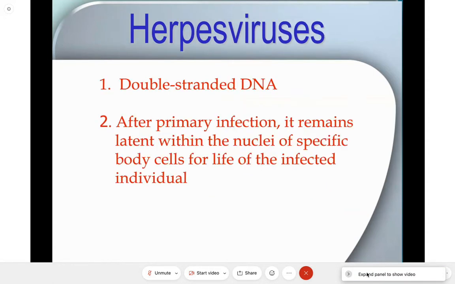You should know a little bit about herpes viruses because they have quite unique characteristics, like double-stranded DNA, and after primary infection, they remain latent in the nuclei of specific body cells for the life of the infected individual.